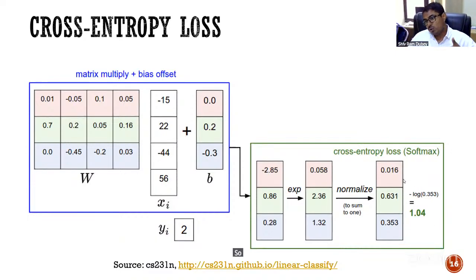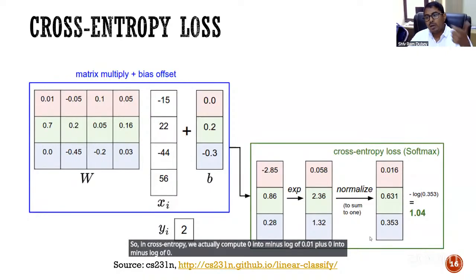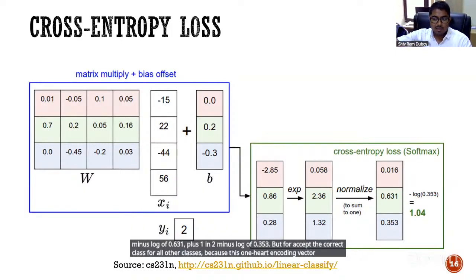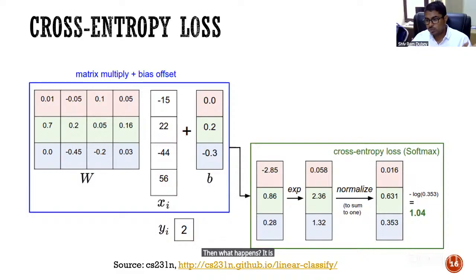So in cross entropy, we compute 0 into minus log of 0.016 plus 0 into minus log of 0.631 plus 1 into minus log of 0.353. For all classes except the correct class, because the one hot encoding vector has value 0, we always get 0. So that's why I need not compute it. I hope that is clear.